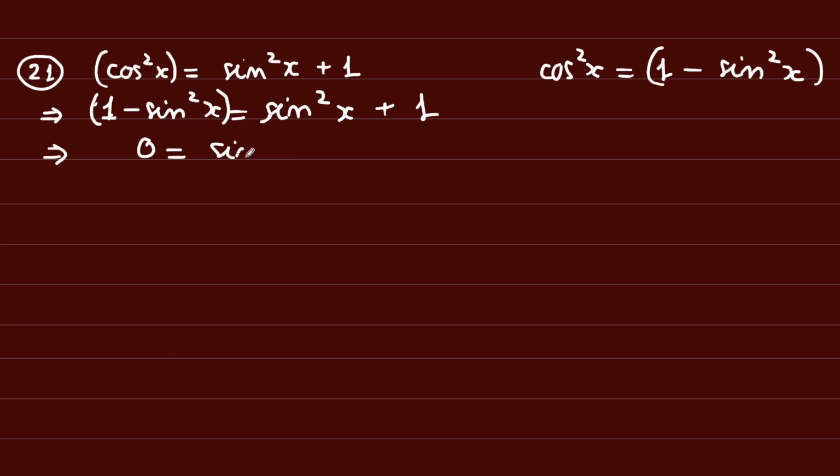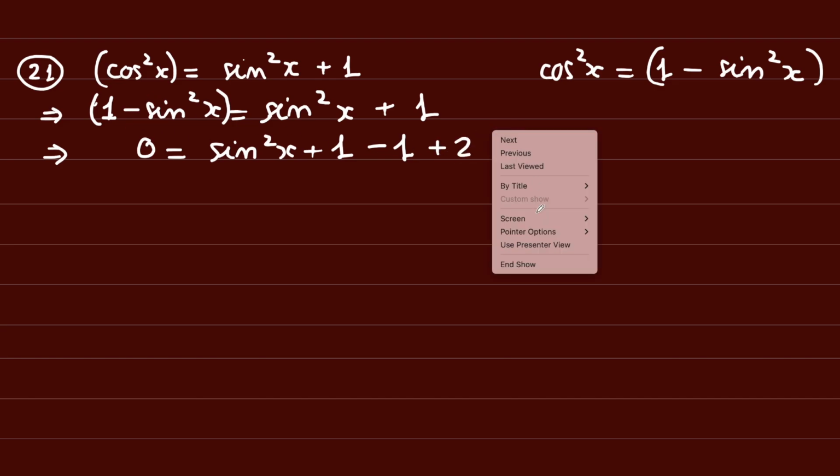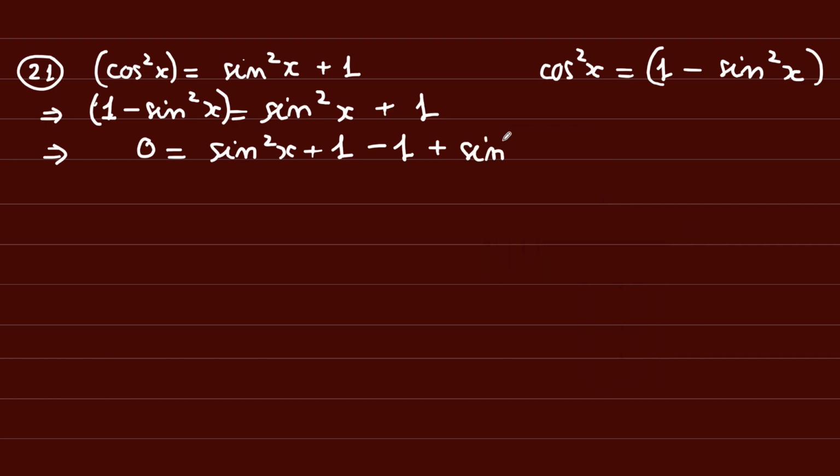You have the right hand side will be plus 1 like this, and from the 1 in the left move to the right, you got minus 1, and minus sine square, you change to plus sine square h like this. So here is 0, sine square plus sine square, you got 2 sine square h, and plus 1 minus 1 equal to 0. This means you have sine square equal to 0.